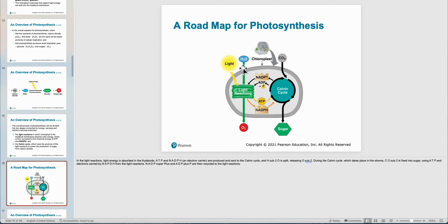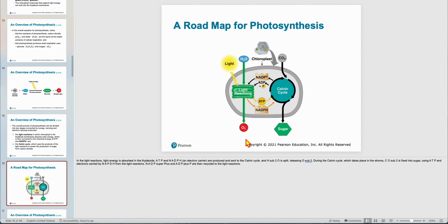So light is actually going to strike the water, and that's going to break water apart. And that is what's going to release the oxygen that we breathe. So are you telling me that we're really getting the oxygen that we breathe from the plant's ability to take light and split water? That's right.